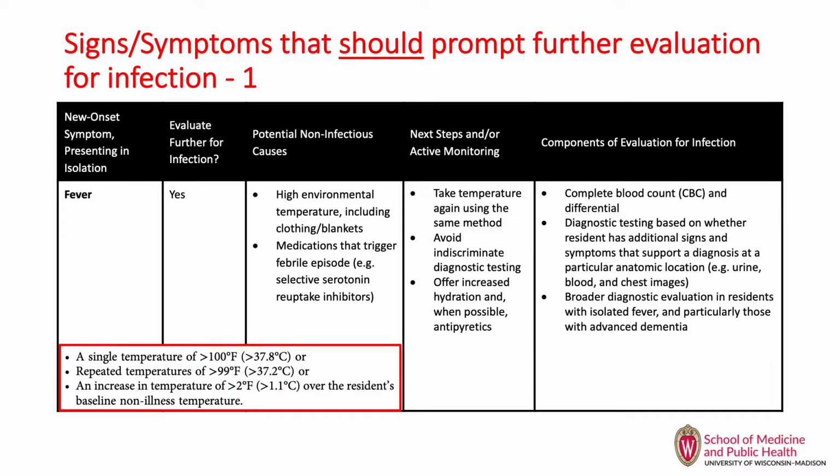We're utilizing thresholds that are pretty well accepted now in the literature: a single temperature exceeding 100 in this population, or repeated temperatures above 99, or, more valuable although harder to ascertain, a 2.2 degree Fahrenheit, or 1.1 degrees Celsius, temperature elevation above baseline. But obviously that entails knowing what this individual's baseline temperature is, and so that sometimes is difficult to operationalize.